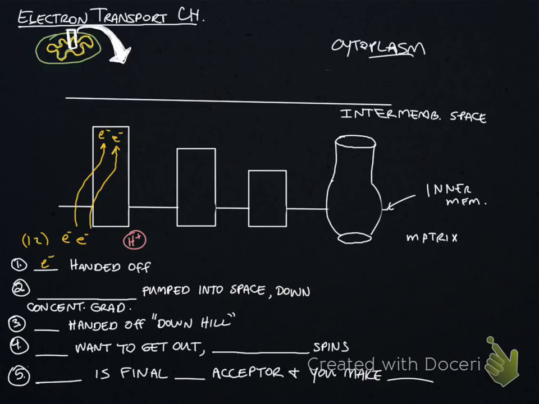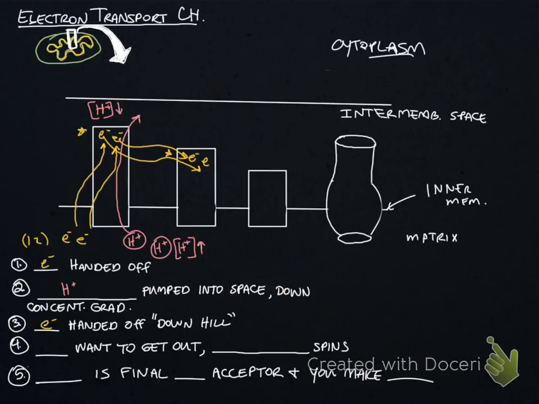Protons, or hydrogen ions, are pumped into the space down their concentration gradient. And these electrons are again handed off downhill. What I mean by that is that they're losing energy as they move down these proteins. So here they were higher energy than they are here.